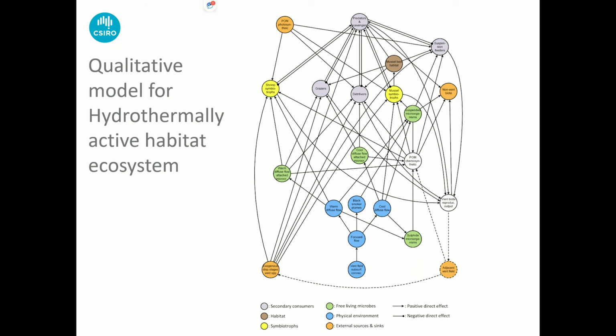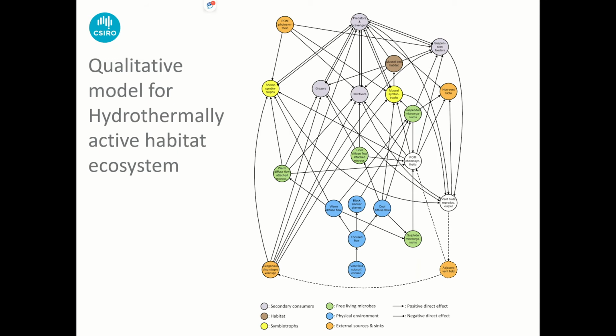You can see down the bottom all the different parts of the ecosystem: the physical environment, external sources and sinks, free-living microbes, symbionts, forms of habitat. The main habitat we identified here was the mussel beds, and then secondary consumers, all the things that eat and consume the rest of the productivity of the system that's coming from the vent community.